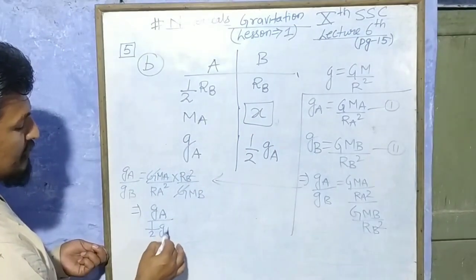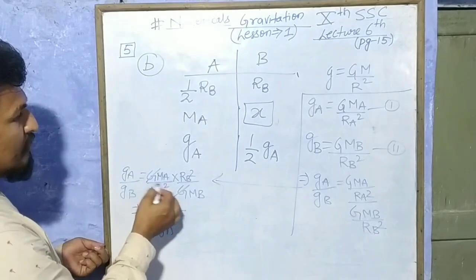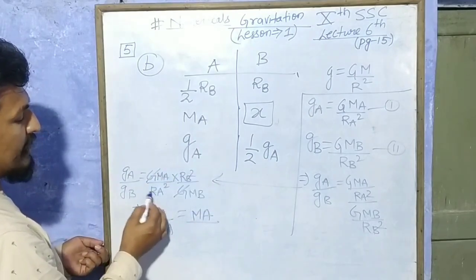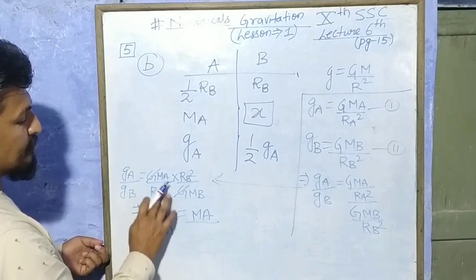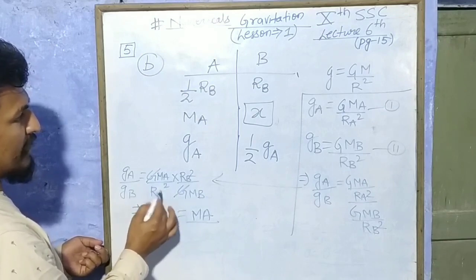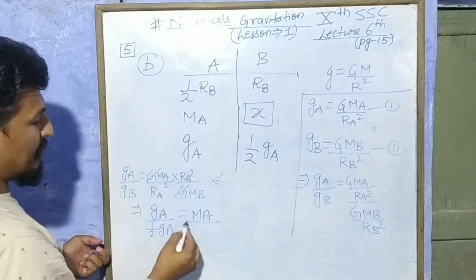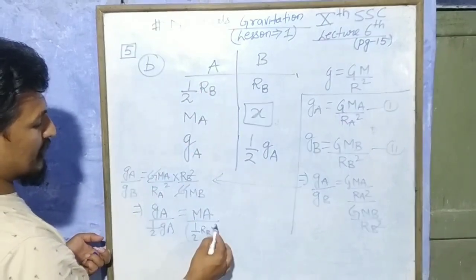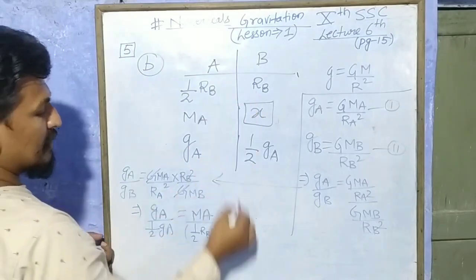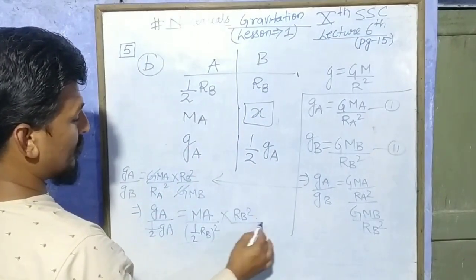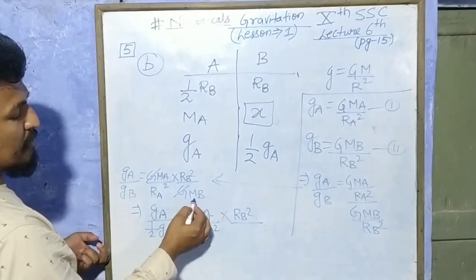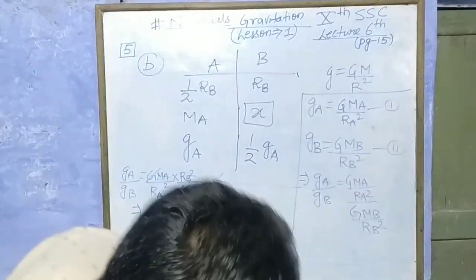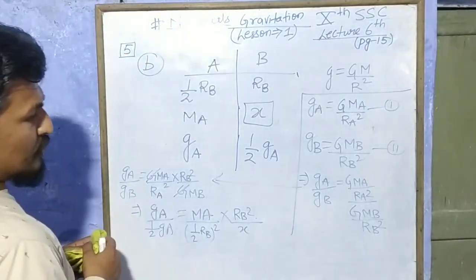This becomes half GA equals MA, and the radius of the first planet, RA, is half RB, whole square, into RB whole square, and the mass of planet B is X. Now you have to calculate this value.